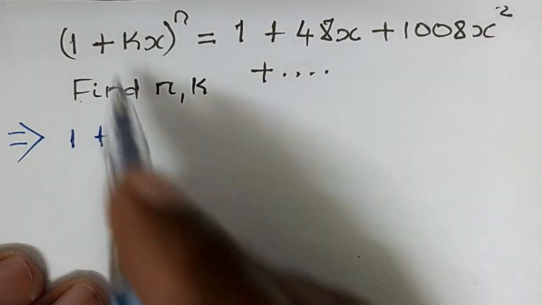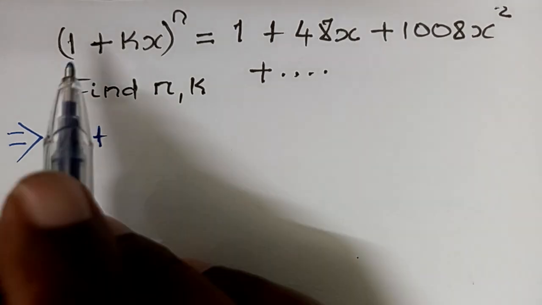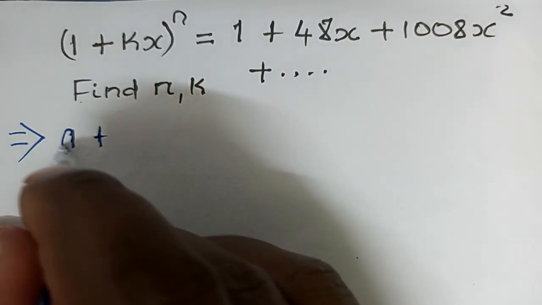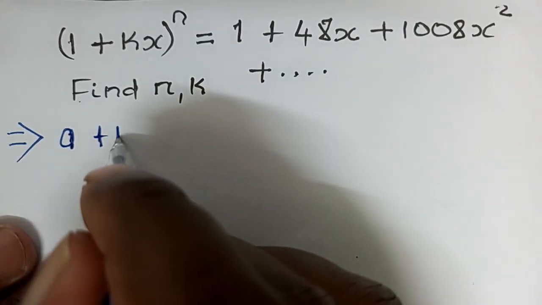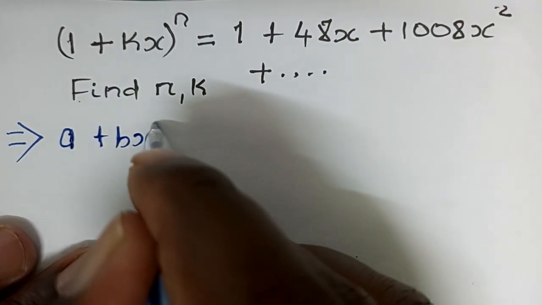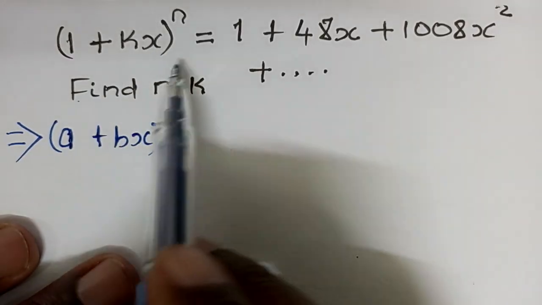And guys, the first thing I want to do is to write down the formula for the binomial theorem, binomial expansion. I used x because this one already has x.